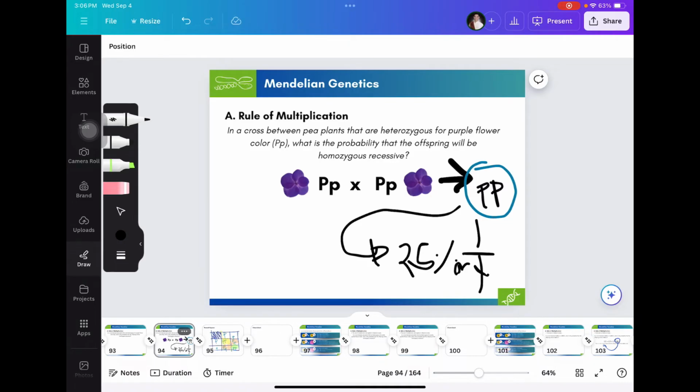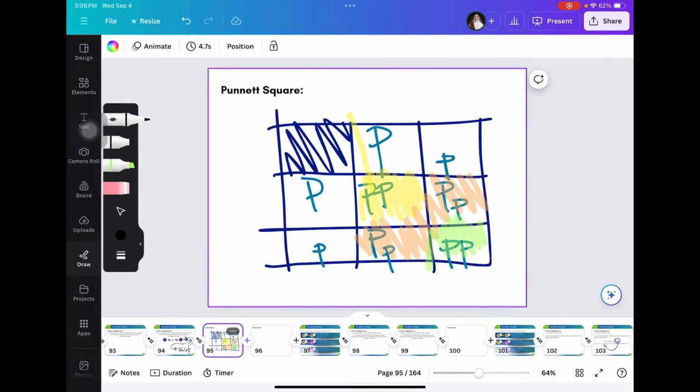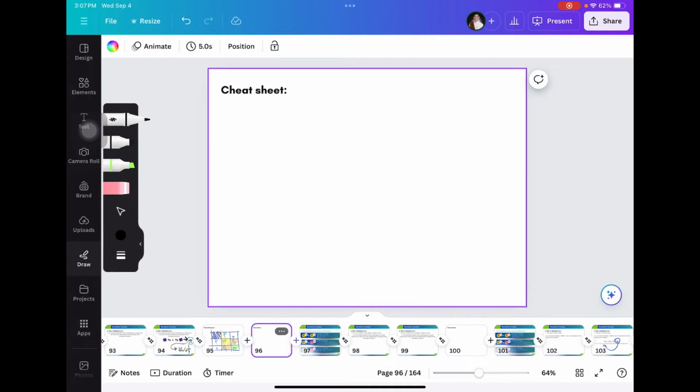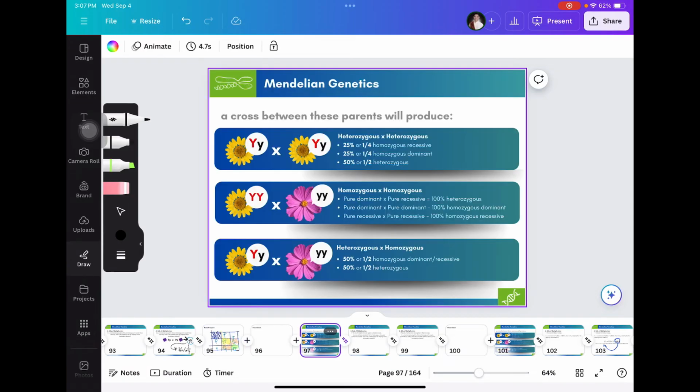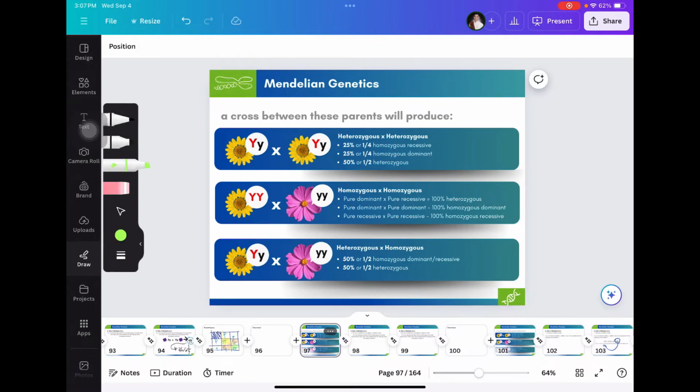Either way is okay. Now, this one may take some time, especially for answering an examination. There's another method to follow, which I call a cheat sheet, where I follow these derived answers from every possible parent crossbreed.